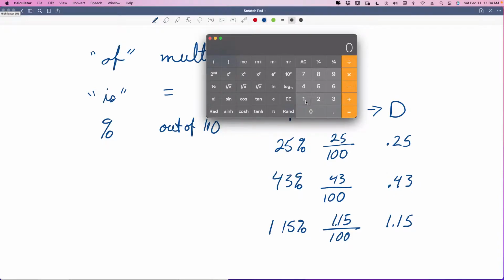Again, the same. 115 divided by 100 equals 1.15. I would urge you to make up some percentages and put them over 100 and then divide them on your calculator. See the pattern. Once you see the pattern, it will click and it will make complete sense if it doesn't already.